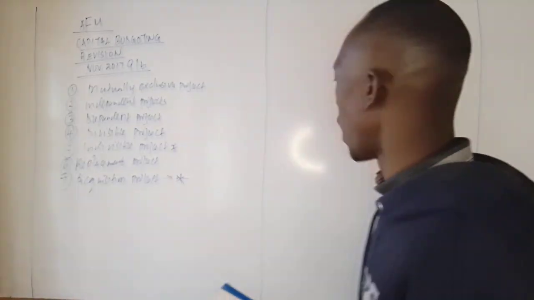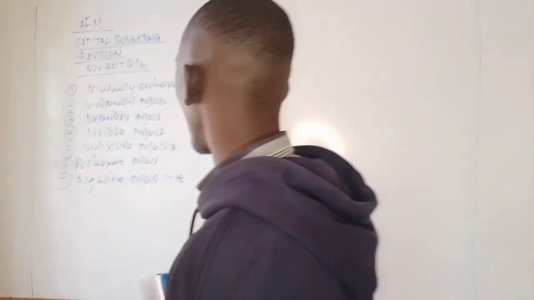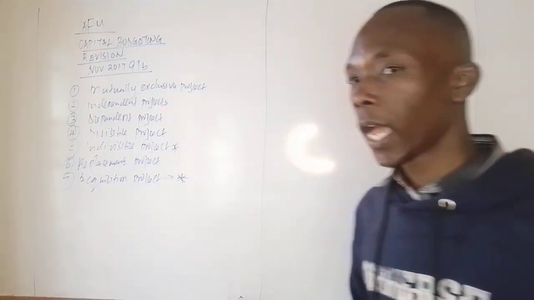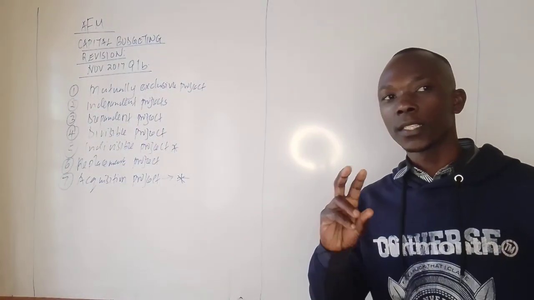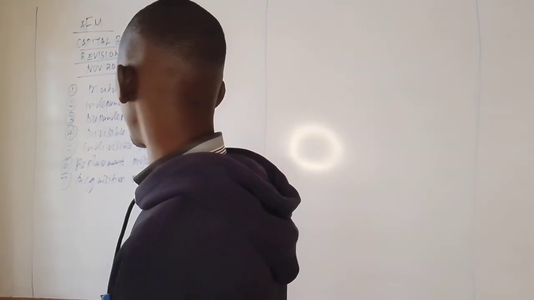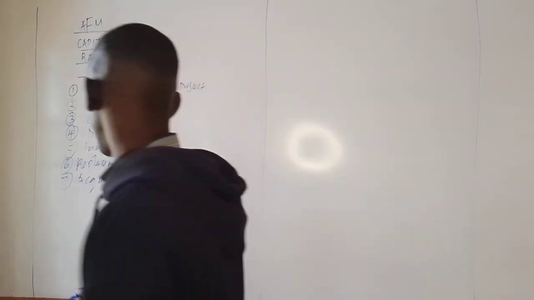We need to advise. And remember, when we were discussing the replacement project, we said that we had 6 steps to follow. Step number 1 was to determine the present value of cash outflow.